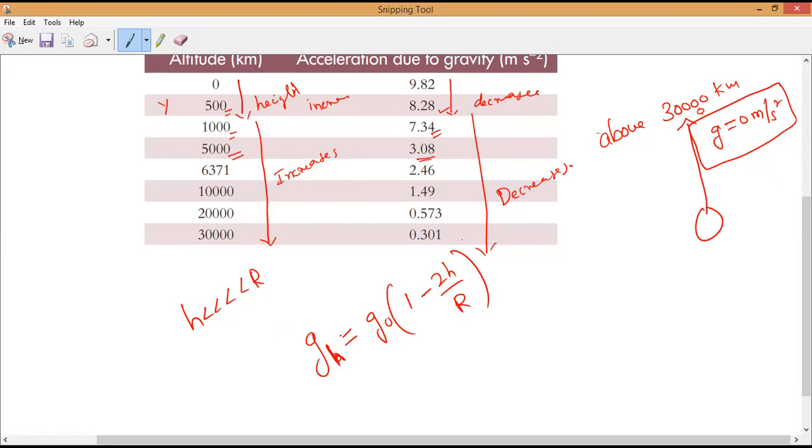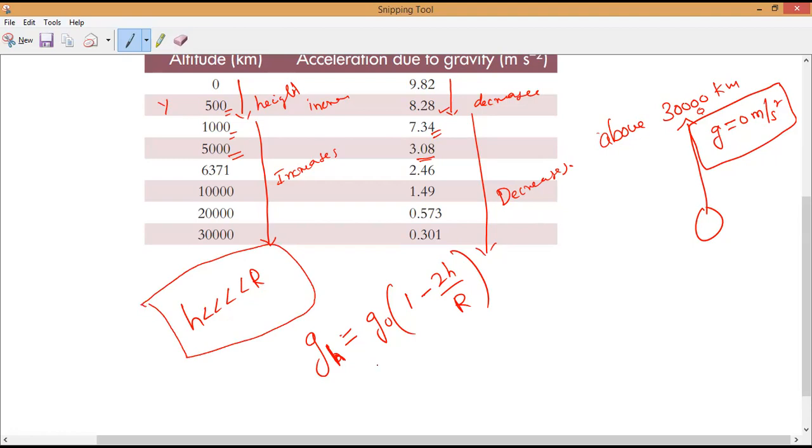Understand, Johan? Harini? So height is increasing, and the G value will decrease. That is what you have to remember. So for lower height, Gokul, what formula will we use?